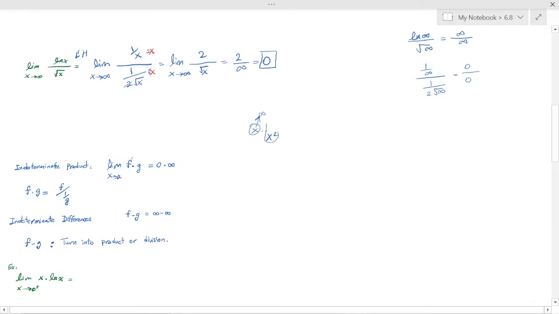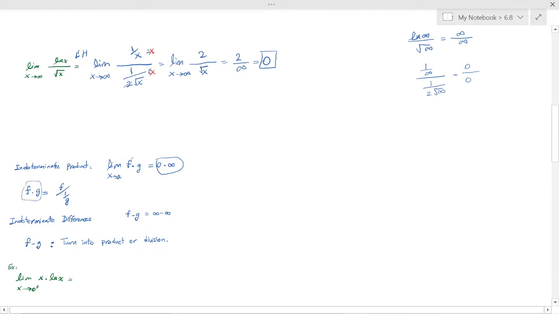Or sometimes you have x times 1 over x. In that case, the product would be approaching 1. So this is another indeterminate form. In this case, since it's multiplication and our only rule for L'Hopital's rule is to apply it to a fraction, what we can do is write this f times g in terms of a fraction. How do we do that?